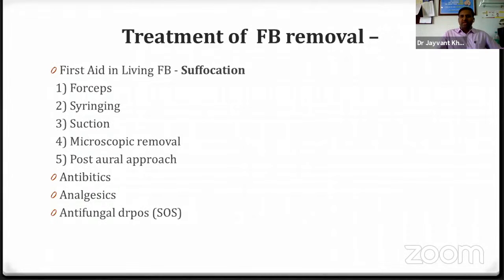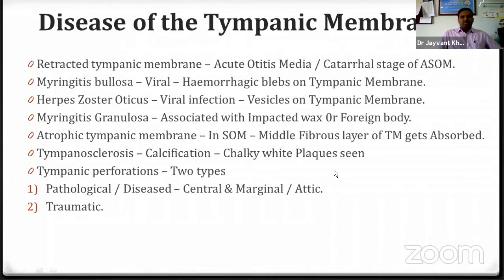Or any foreign body with granulations, bleeding, and complete obstruction of the lumen, then you will prefer the post-aural approach. Antibiotics you can give for the prevention of infection, analgesic for prevention of pain, and antifungal drug if needed. Then the third structure, that is the tympanic membrane.